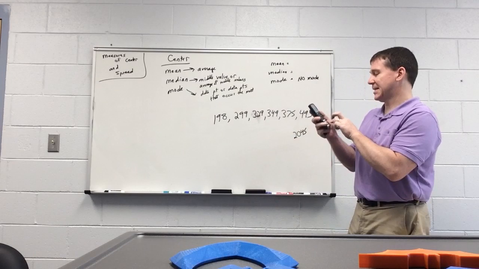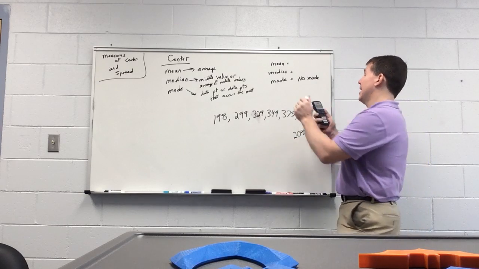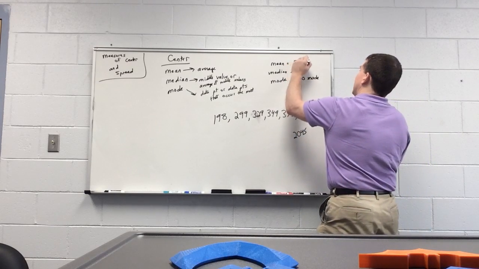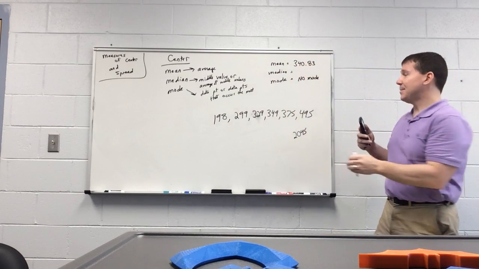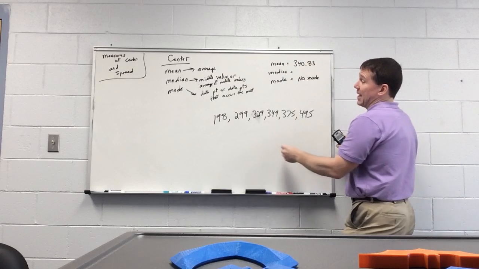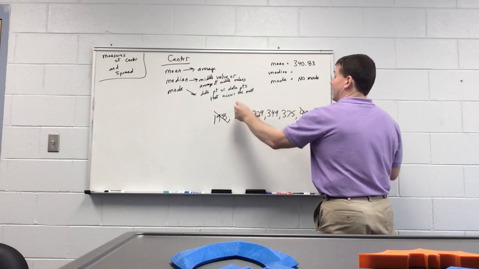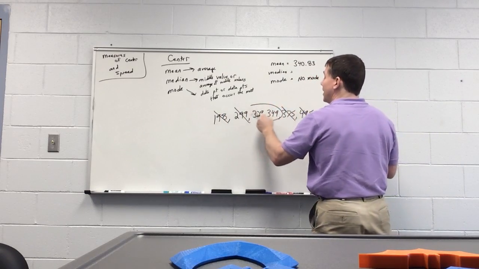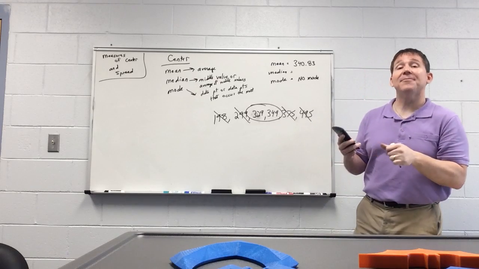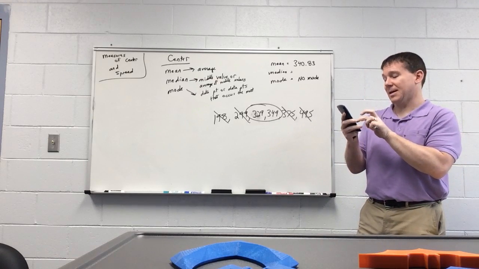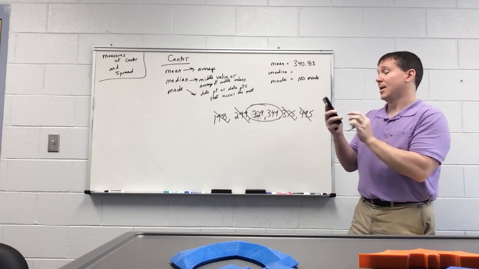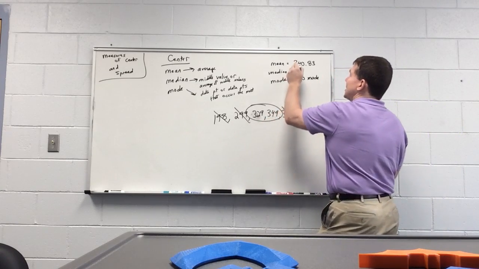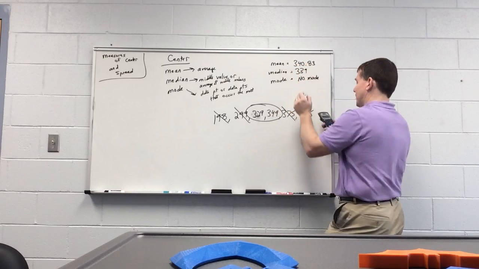Then I divide by 6, the number of data points, and I get 340.83. To find the median, here we have 6 data points, so I get the 2 middle values. Now I average those. So 329 plus 349 divided by 2, and I get 339, which is actually pretty obvious.